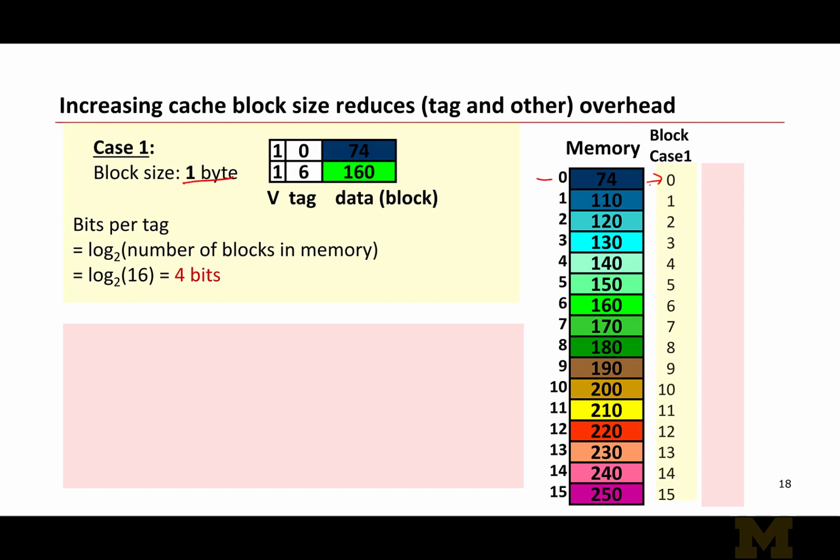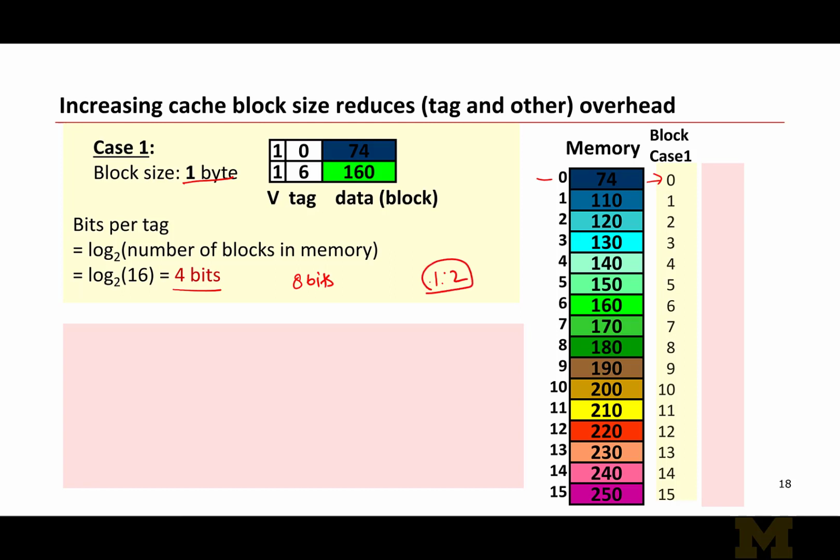So we had to store the entire address as part of each cache line. Not only that, each cache line could only hold 1 byte worth of data. And so the tag size was 4 bits, and the data that I could hold per cache line was 8 bits. So the ratio of useful versus metadata was 1:2. Not great.